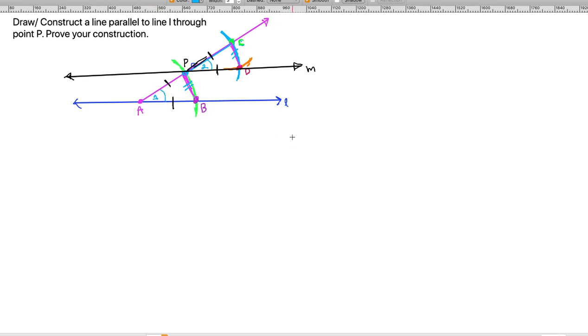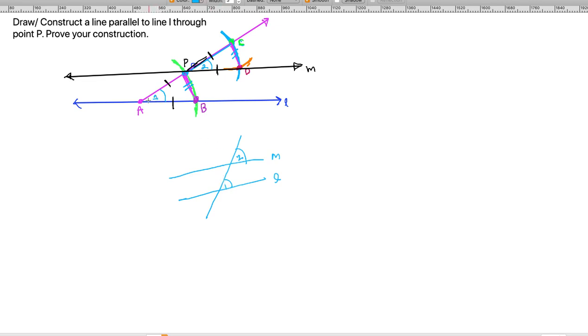If you look at this picture again, if I simplify it, and say this is M and this is L and this is the line, then this is going to be 2 and this will be 1. I showed that this angle is congruent to this angle. 1 and 2 are corresponding angles, and if corresponding angles are congruent, then the lines are parallel.